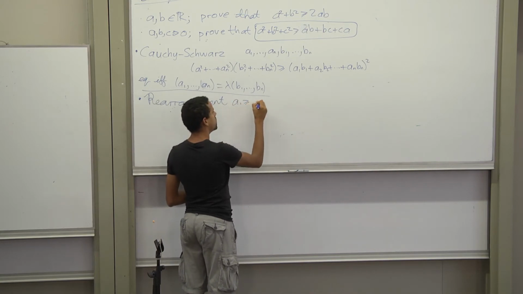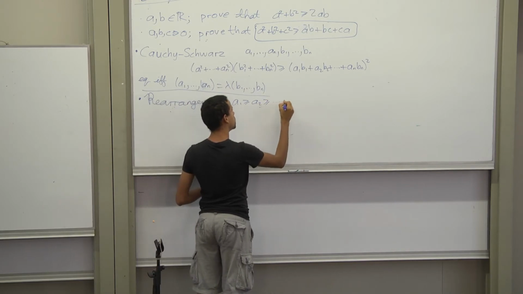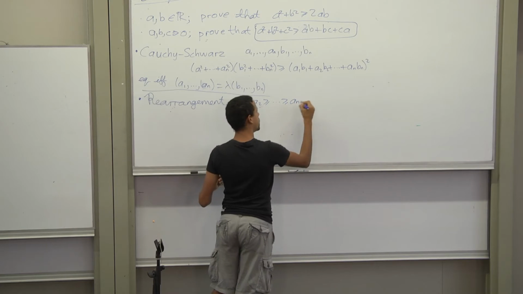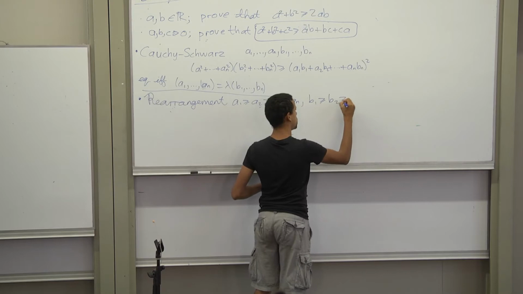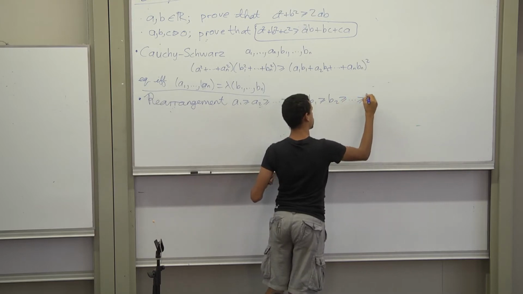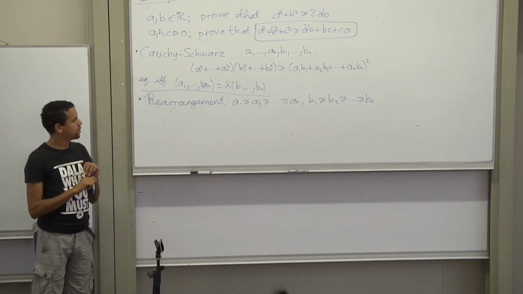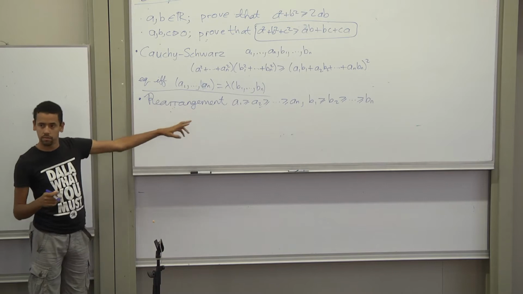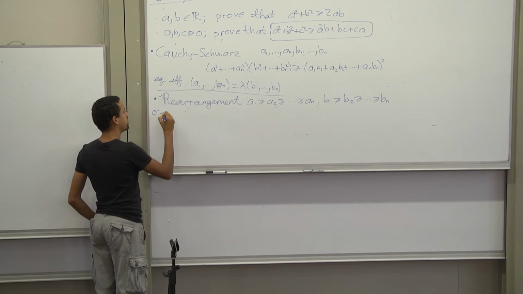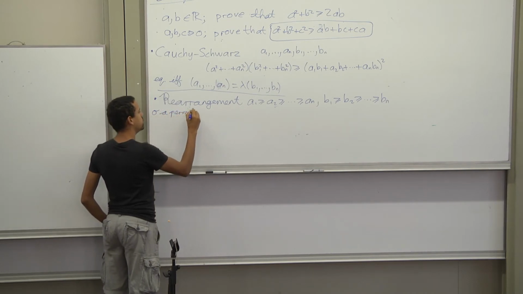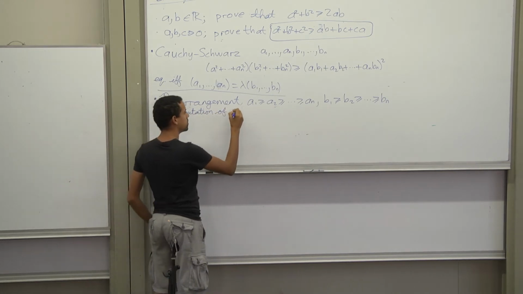So the A's have to be non-increasing, and the B's also have to be non-increasing. And we also need a permutation of the numbers from 1 to n. So sigma, a permutation of the numbers 1 to n.